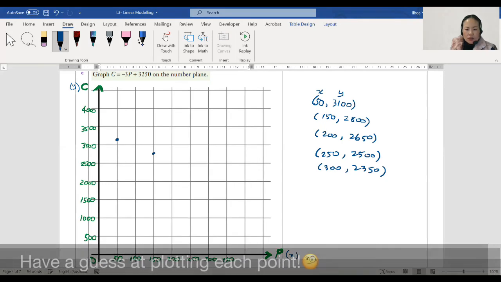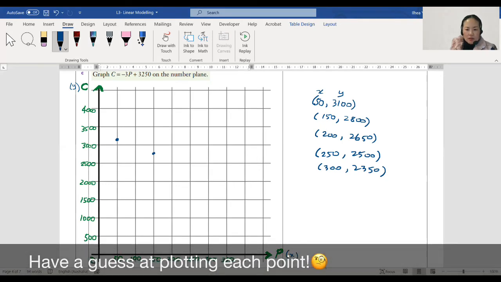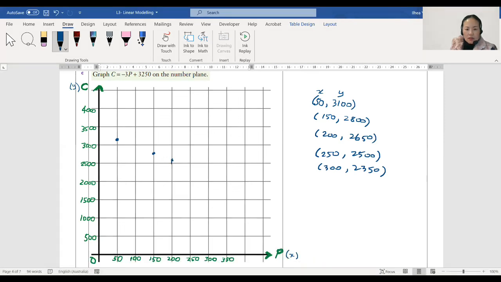And then 200, and that means 2,650, roughly down here. And then 2,500 for 250.